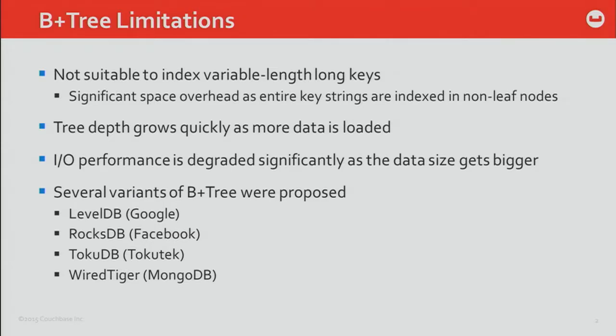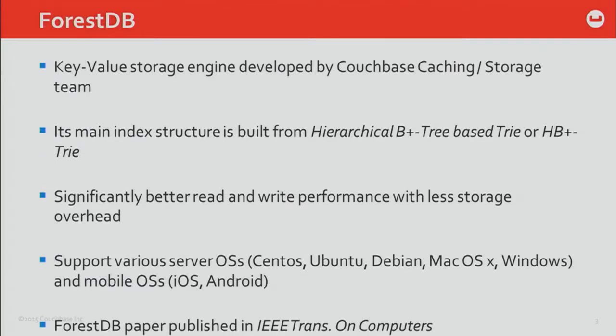To address those limitations of the B+tree, several variants have been proposed, such as LevelDB, RocksDB, and WiredTiger, which are based on the log-structured merge tree, and also TokuDB, which is based on the fractal tree from the Tokutek company. At Couchbase, we also observed similar limitations from the B+tree, because Couchbase used a typical B+tree-based storage engine.